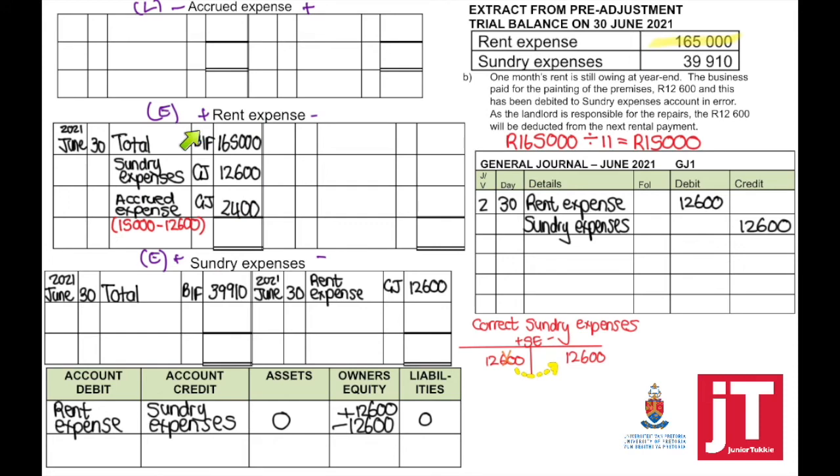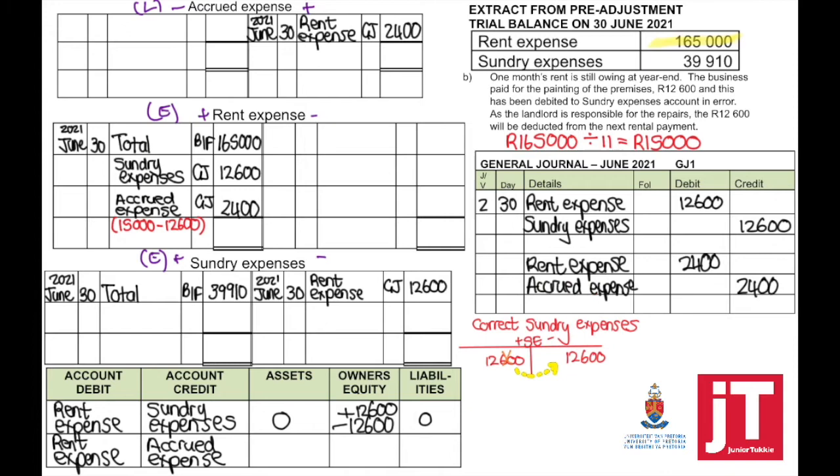So rent expense, because it's still outstanding, it will be added to our expense, 2,400, which is debited. Account credited, accrued expense. We still owe 2,400. On my accounting equation, account debited, rent expense, the same in the general journal, account credited, accrued expense with 2,400.